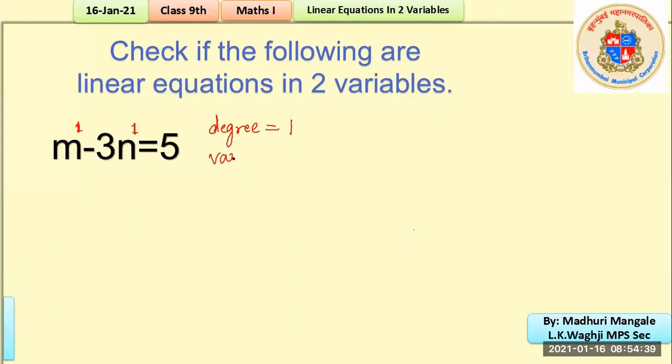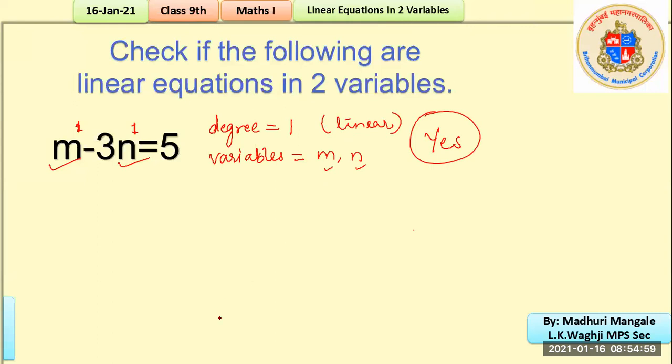And how many variables? There are two variables. Variables means the alphabets. So m and n, those are two variables, right? So because the degree is 1, we call it linear. So it's a linear equation in two variables. There are two variables. So yes, it is a linear equation in two variables.